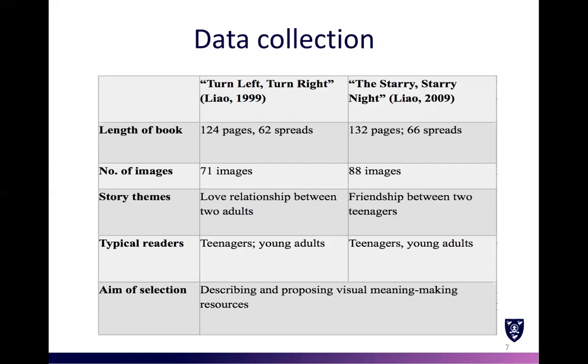Both stories revolve around social emotions such as love or frustration, as generated by the story protagonists. In terms of physical properties, most children's picture book stories consist of 32 pages, namely 16 spreads. Liao's picture book stories are much longer, of a length arguably comparable to graphic novels.